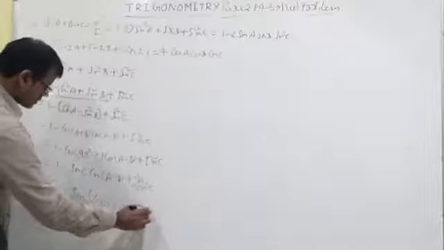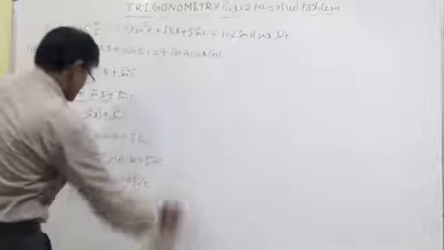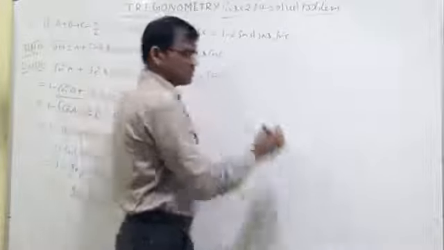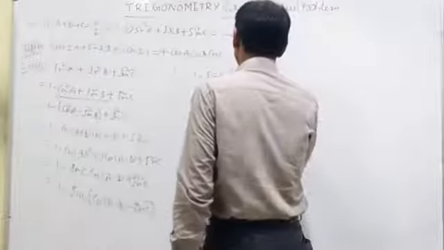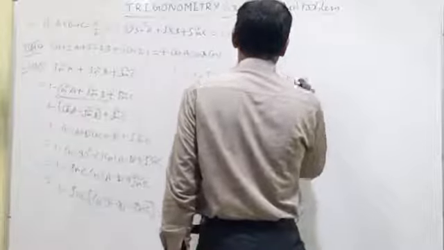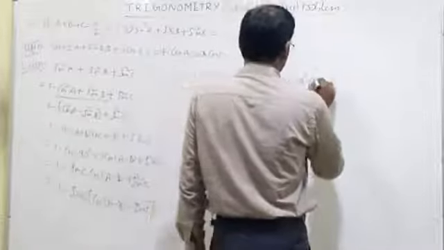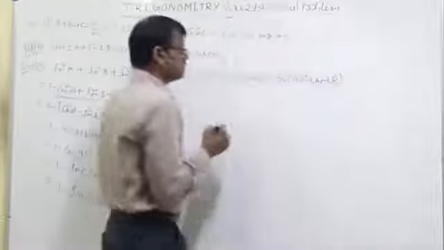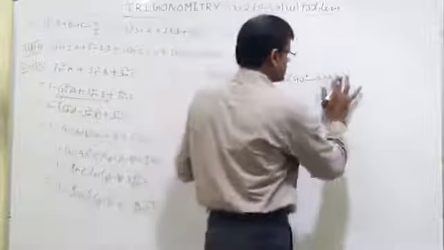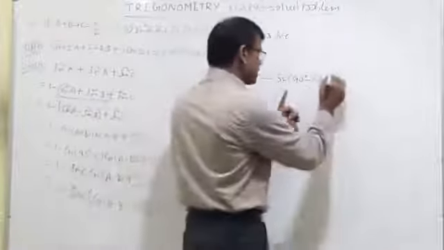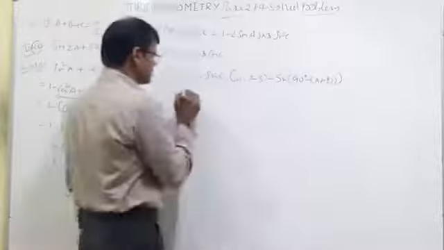Whenever plus is taken common, it is sin C. That is equal to 1 minus sin C into cos of A minus B minus sin of C, which can be understood as sin 90 minus of A plus B. We should concentrate while putting brackets, students: a bracket for A plus B, a bracket for 90, a bracket for the total, like this.